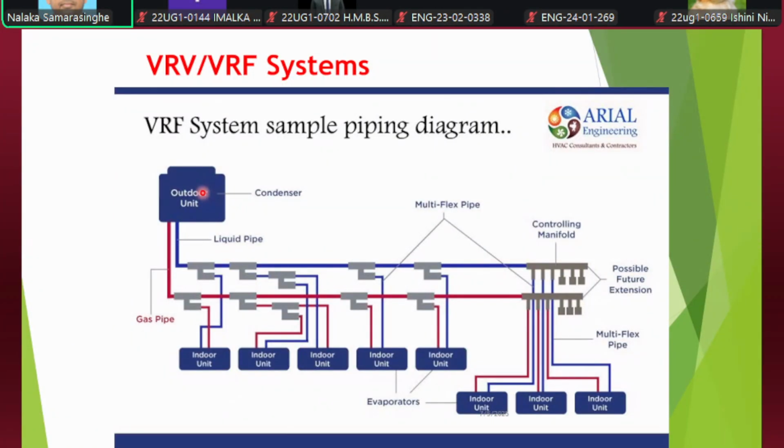That will run at different RPM values. I mean the RPM of that unit can be changed depending on the requirement of the cooling load. Okay. So that's why the energy efficiency of these VRF or VRV systems is usually much better than any other conventional type of air conditioning system.